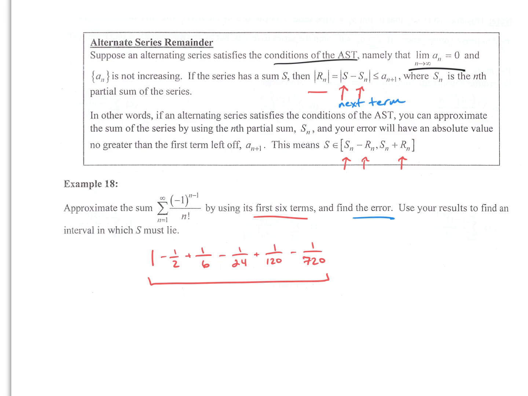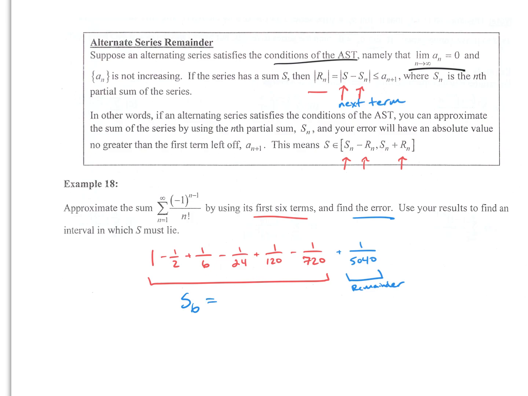And then we're going to find its error. And so its error is actually the next term. So let's find the next term. So now it'd be plus 1 over, I substitute in 7. And so 7 factorial is 5,040. And so that is my remainder, or my error. All right. And so we're going to find our sum, sub 6.